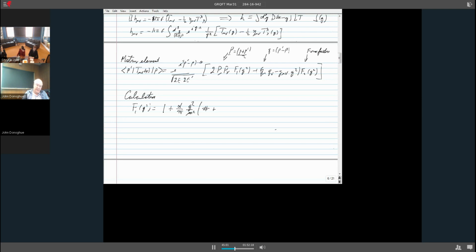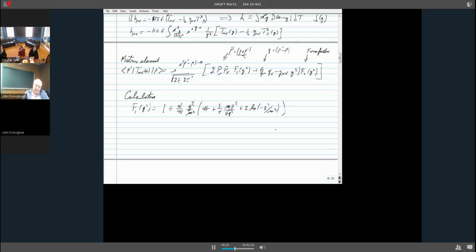And the calculation just basically goes as before. Basically, you're just calculating these form factors.